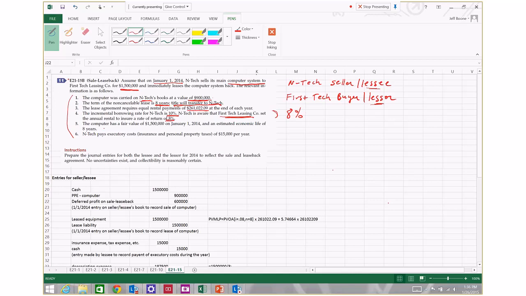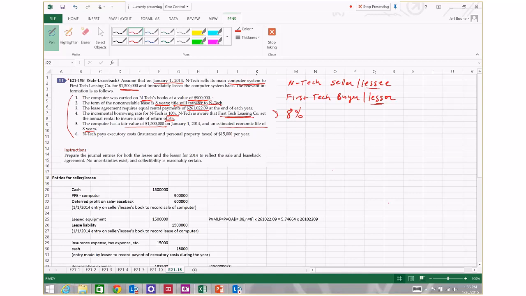The computer has a fair value of $1.5 million and an estimated economic life of 8 years. So the lease term is going to span the same period of time as the economic life of the asset that's being leased.